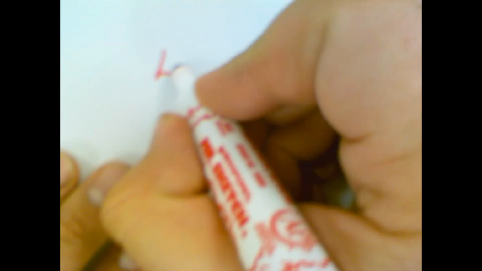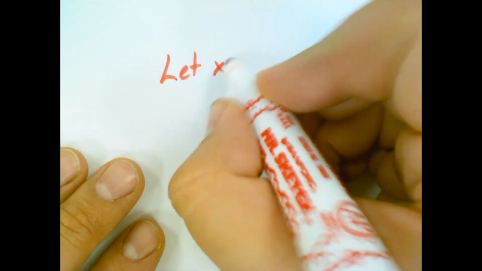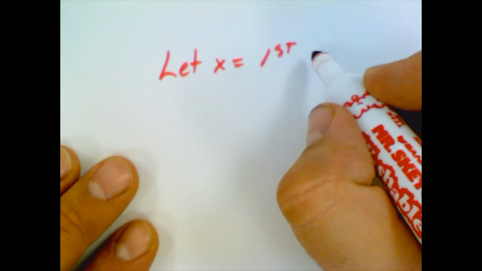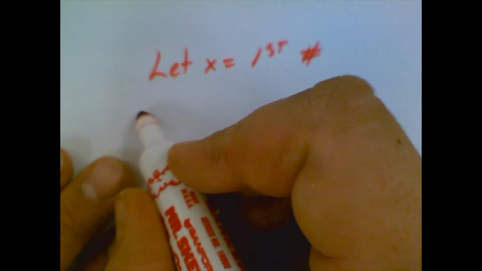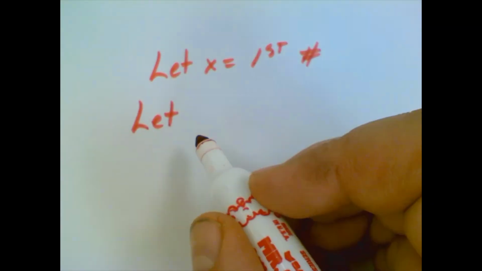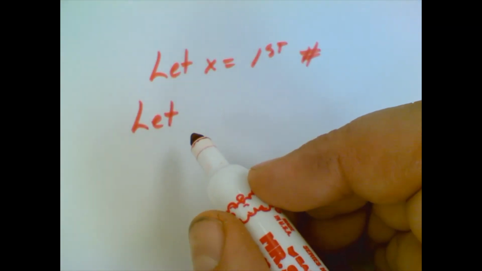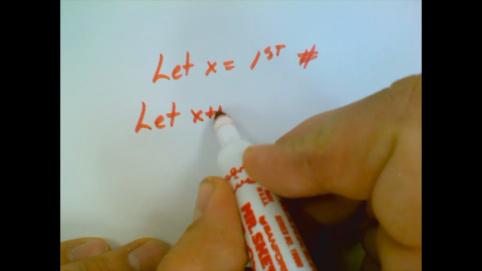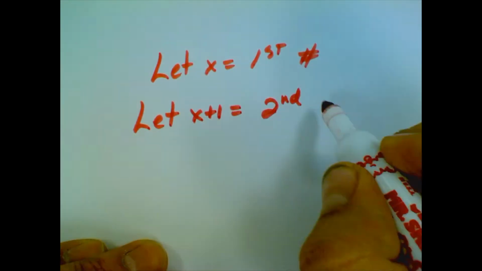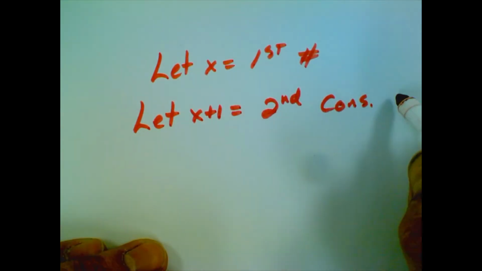We're going to let x equal the first number. And I'm going to abbreviate here. So we want 3 consecutive numbers. Well, if x is the first number, what's the next consecutive number? That's 1 more than that, right? So x plus 1 equals the second consecutive number.